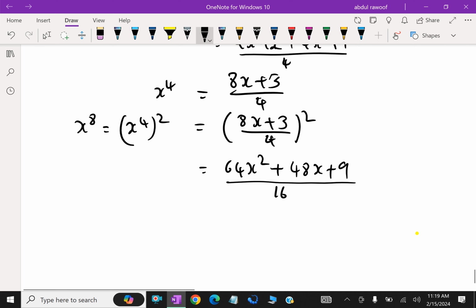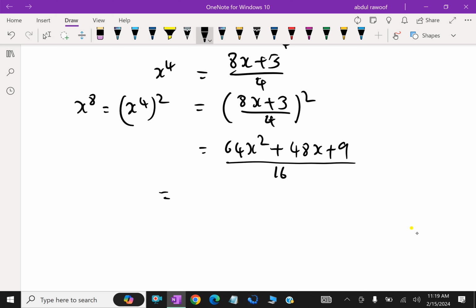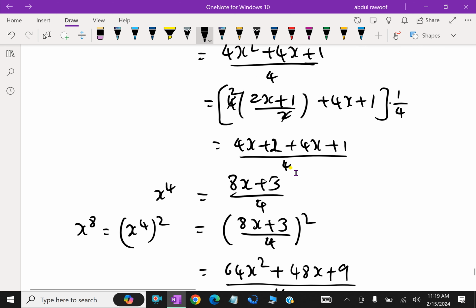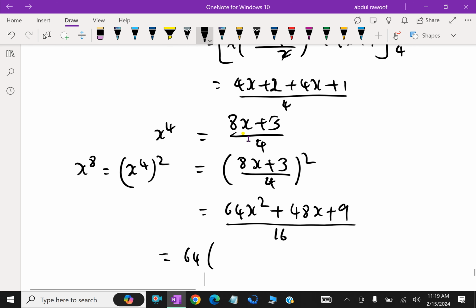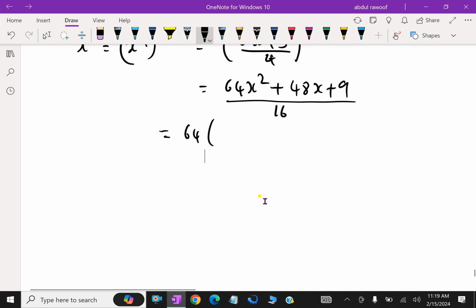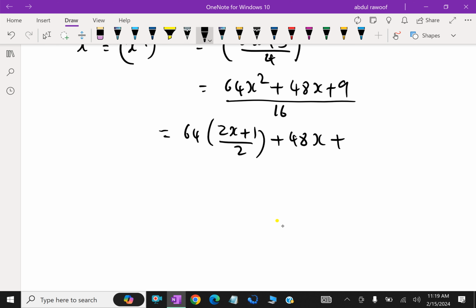Now further we substitute, already we have x squared. x squared is (2x plus 1) over 2. Here 64 times (2x plus 1) over 2 is 32(2x plus 1), then 48x plus 9, over 16.